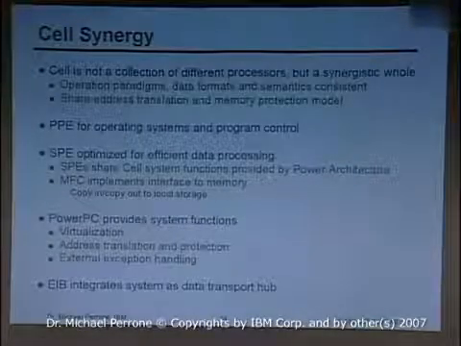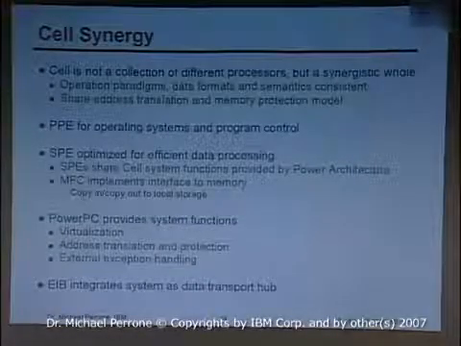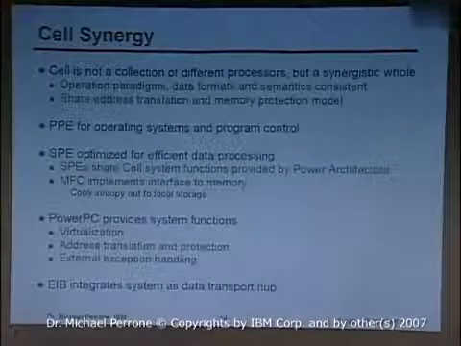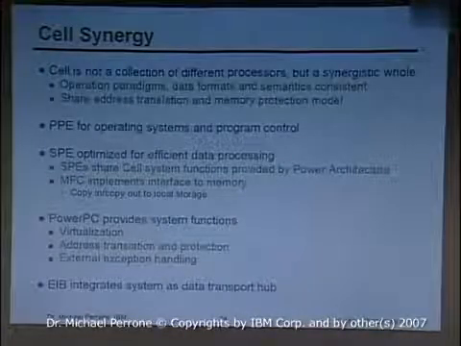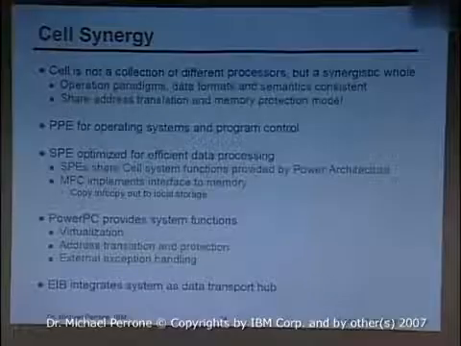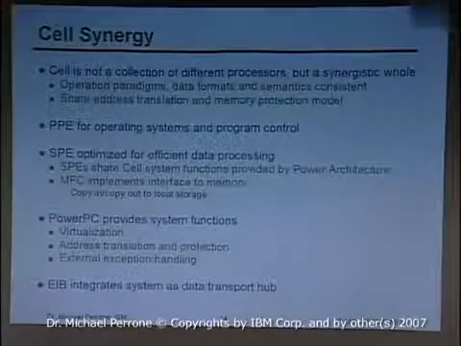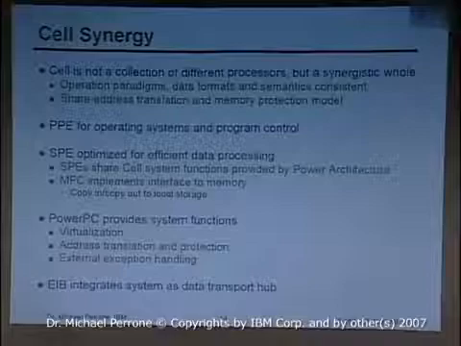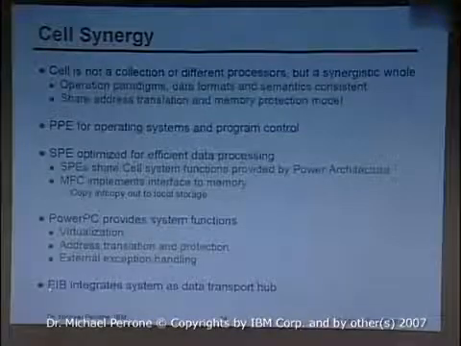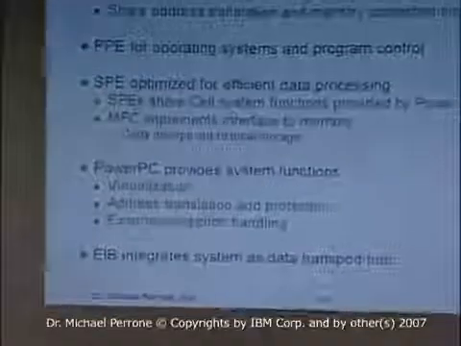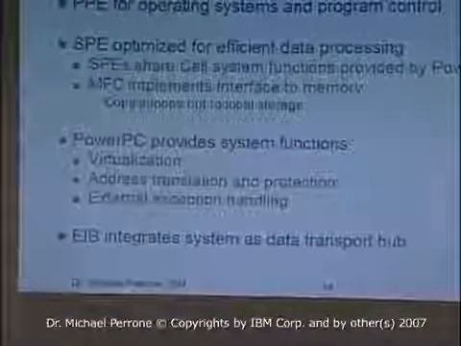It's been designed so that the PPE is running the OS, and it's doing all the transaction with file systems and whatnot, so that these SPEs can focus on what they're good at, which is compute. The whole thing is pulled together with an element interconnect bus, and we'll talk about that. It's very, very, very efficient, very high bandwidth bus.